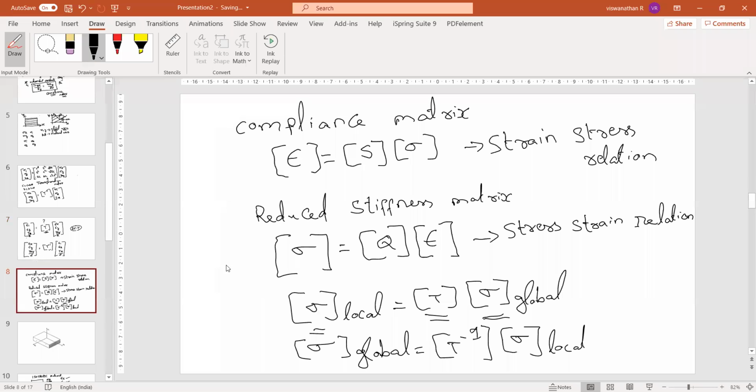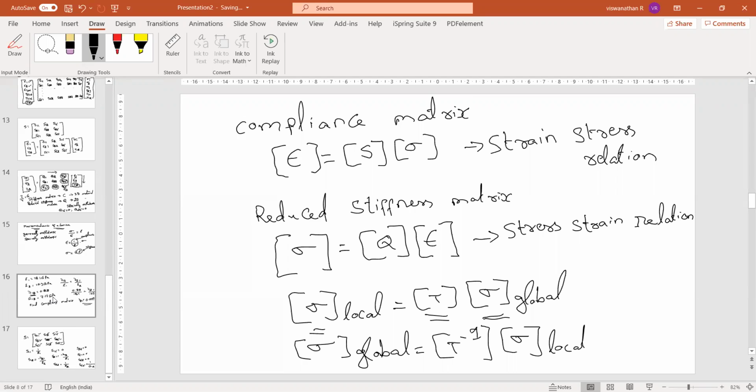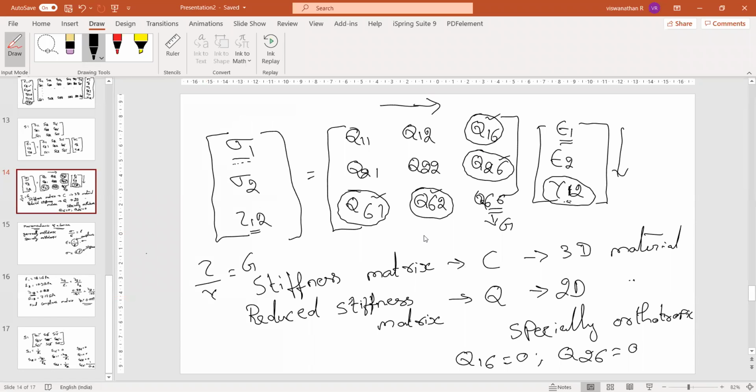Everybody should be able to define a matrix in MATLAB, find the inverse of a matrix, and multiply matrices. Please do practice, and I hope you have got some basic idea of what we are trying to do. Any questions before we proceed further? No doubts? No, sir. Okay.